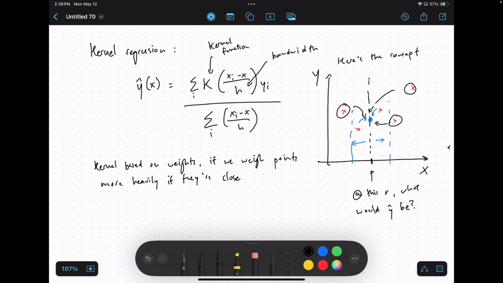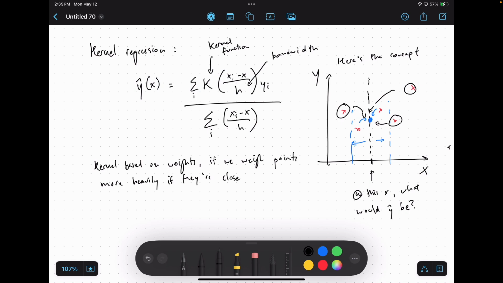And so this really is similar in concept to the KNN, where if you add more neighbors, you end up just classifying based on whoever has the most points. Here, as you increase the bandwidth, you end up weighting things that are far away as well, and so you end up averaging values, right?